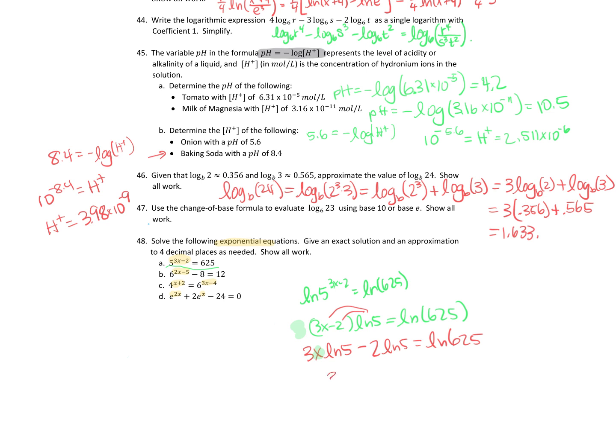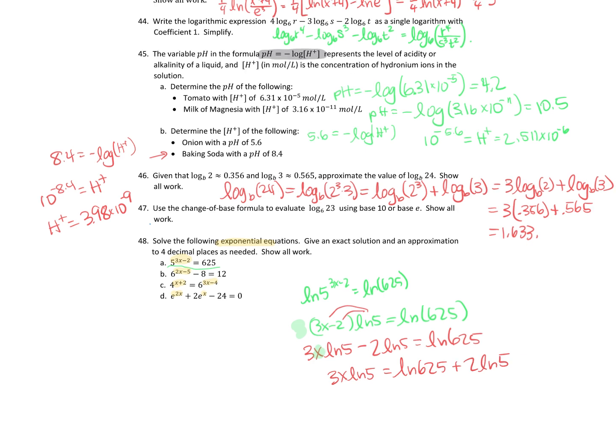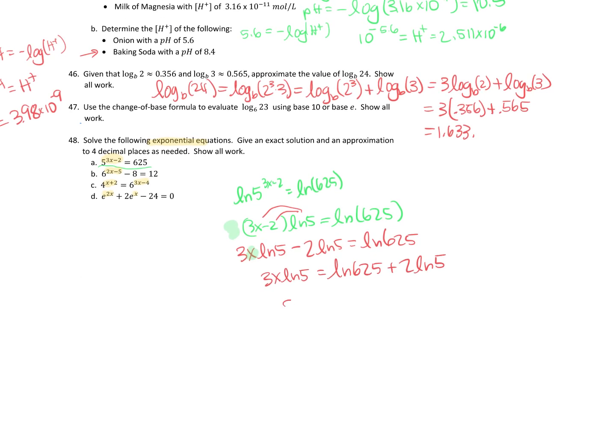So I get 3x natural log 5 is equal to natural log of 625 plus 2 natural log 5. I can combine those two into 1. So I get 3x natural log 5 is equal to natural log of, I want to do 625 times 5 squared.